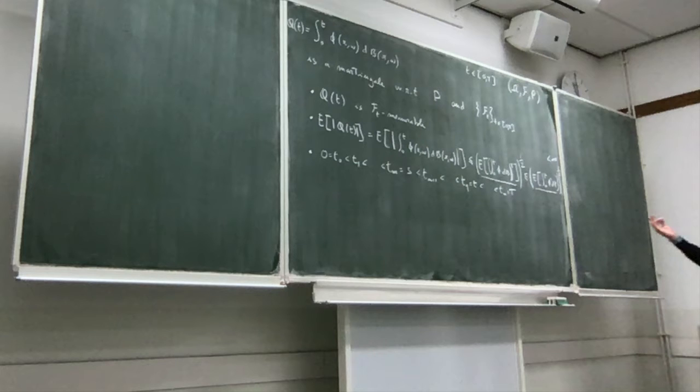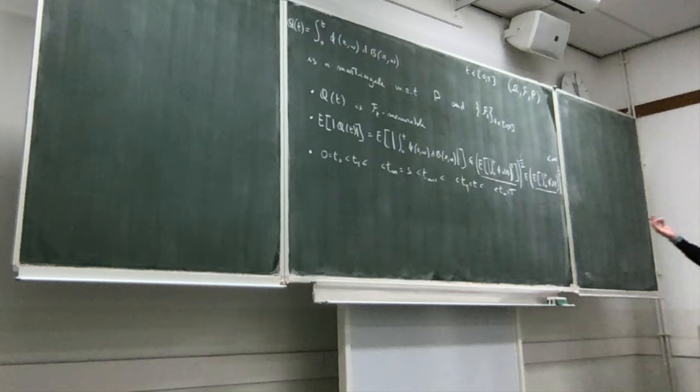Now, I hope you agree with me that I can split this sum into two parts. I can sum from 0 up to time t_m, that corresponds to s, and I can then sum from t_{m+1} up to t_q, which corresponds to t.